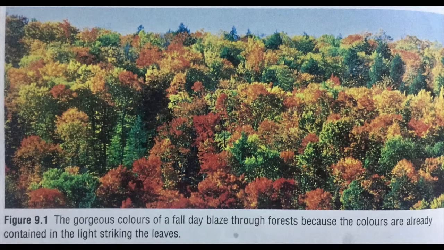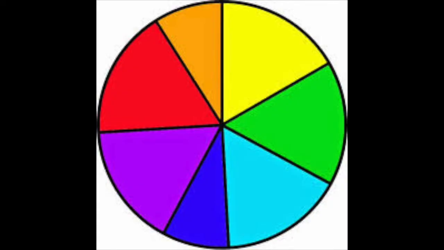Figure 9.1. The gorgeous colors of a fall day ablaze through forests, because the colors are already contained in the light striking the leaves. In the 17th century, English scientist Sir Isaac Newton conducted a famous experiment. He placed a prism so that a thin beam of white light could pass through it.